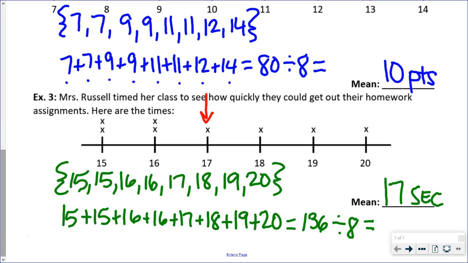So take what we learned with the balance point in terms of how to do it, apply what we know about finding the average, where you can just simply take this number line information and use it to help you add all the values together, divide by how many there are to find the mean. And notice for each of these, they all worked out to be a whole number answer.